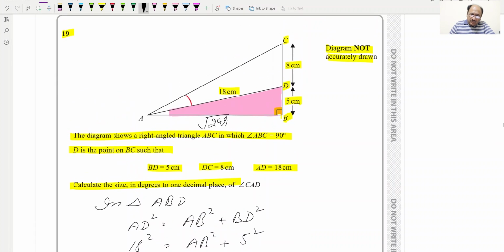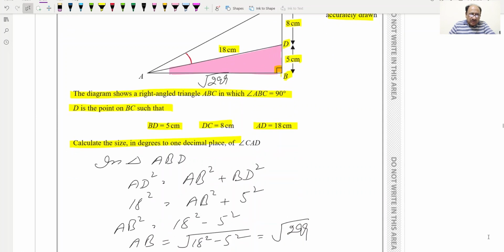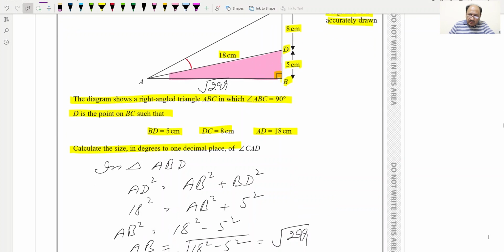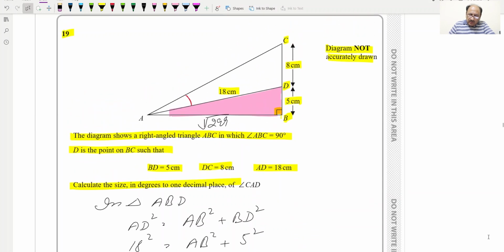Now we will consider the bigger triangle ABC.